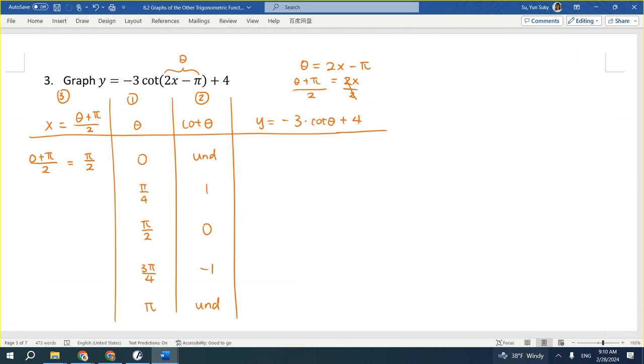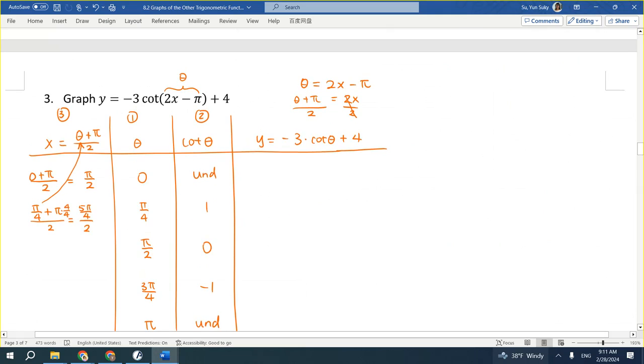Right, everybody? And then next, theta is pi over 4. So we plug in here: pi over 4 plus pi. What is pi over 4 plus pi? 5 pi over 4. Then 5 pi over 4 over 2.